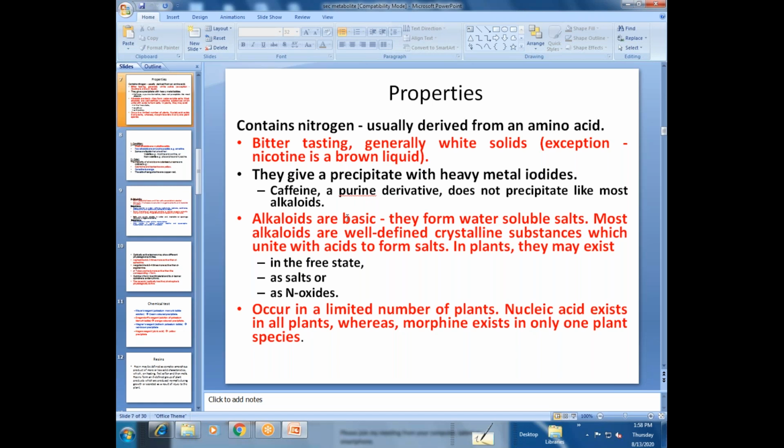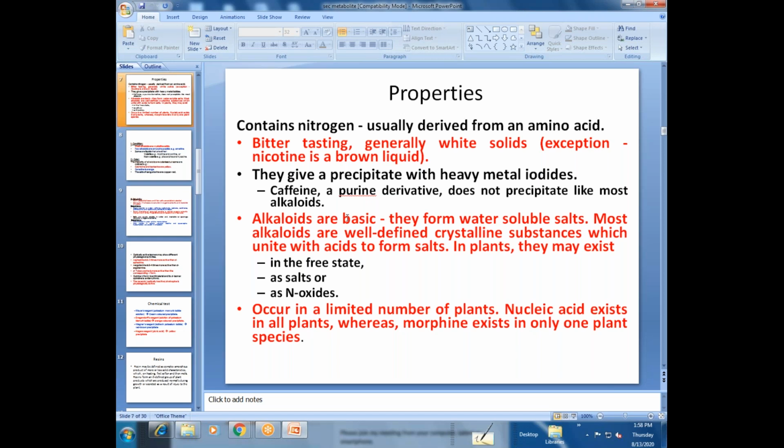Okay, leave it now. So the first property is they are crystalline substances, and they are bitter. Second one is their color, a white crystalline substance, the exception is nicotine, which is a brown liquid.